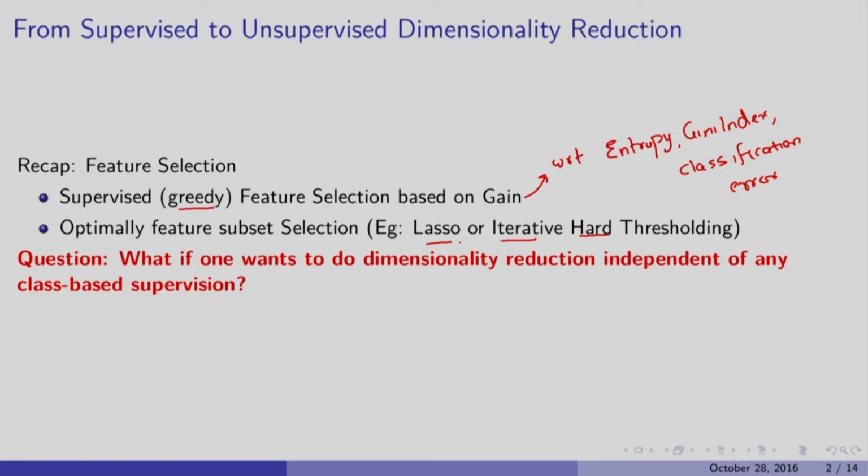So what if one wants to do dimensionality reduction independent of any class based supervision? For example, I might have a text document. The text document could be a review on a drama, and the review says, I loved the second scene.